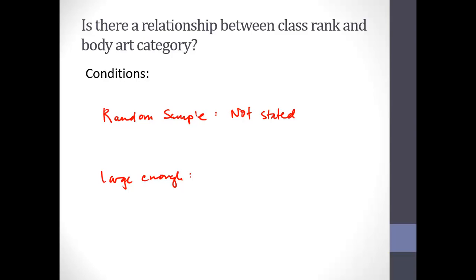Again, kind of hard to say, right? So it's not stated. We do know that the students are all from a certain university, right? So I guess the concern would be maybe it would be okay to make some statement about all the students at that university, but can we say something about all college students? Well, maybe not.